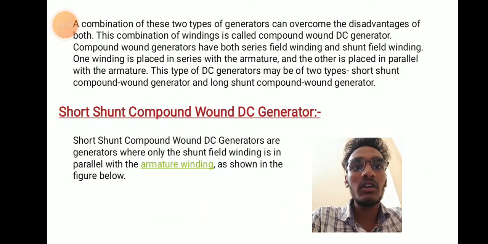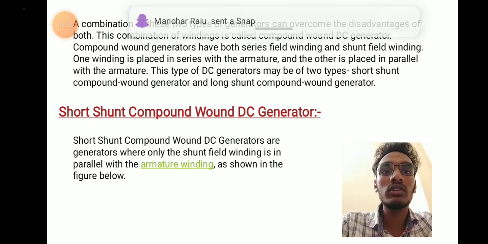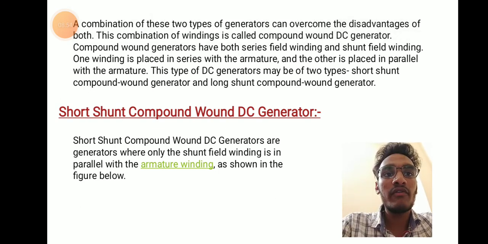A combination of these two types of generators can overcome the disadvantages of both. This combination of windings is called a compound wound DC generator. Compound wound generators have both series field winding and shunt field winding.